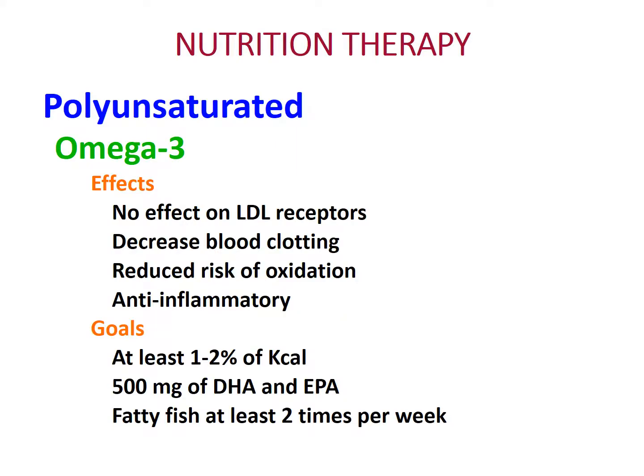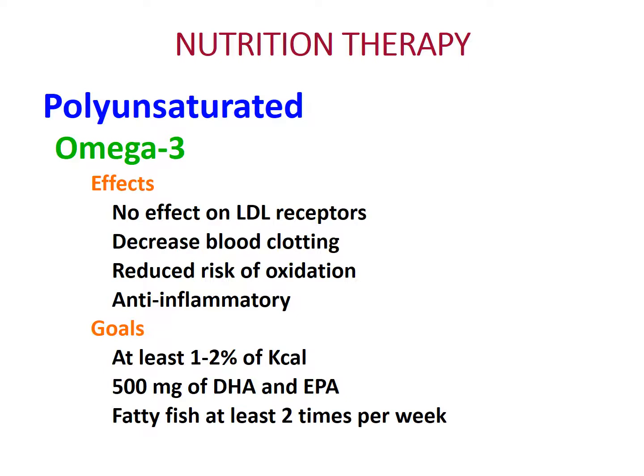Omega-3s are considered heart-friendly, again, because they don't affect the LDL receptors, so they're not going to affect the ACAT pathway. They are actually blood thinners, and I think I may have mentioned that before, but if you're on Coumadin or some blood thinner, you would not want to take a supplement of omega-3 because it's going to thin your blood even more.